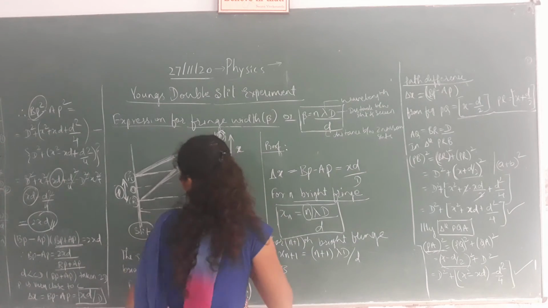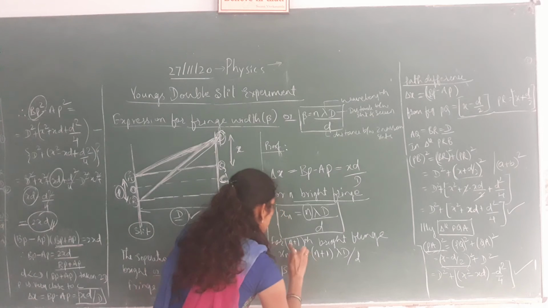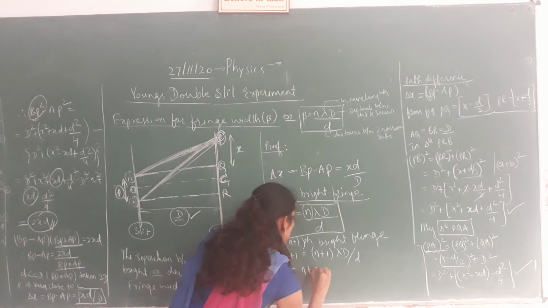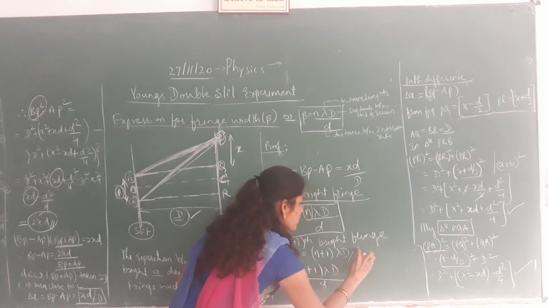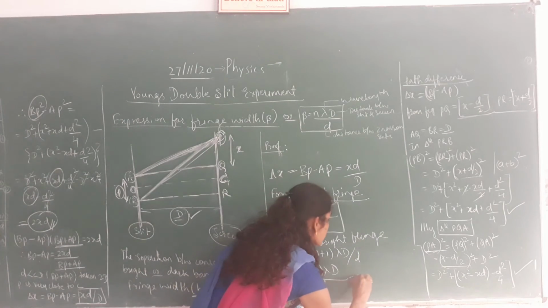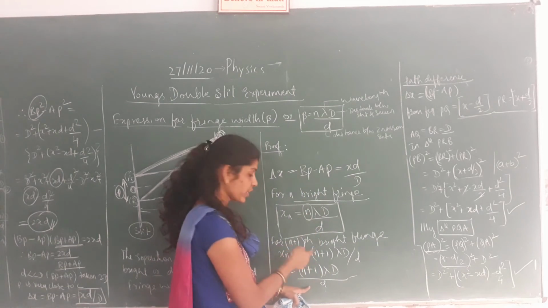So beta is equal to (n plus 1) lambda D divided by capital D, minus, because we are taking the difference of the n and n plus 1 fringes.